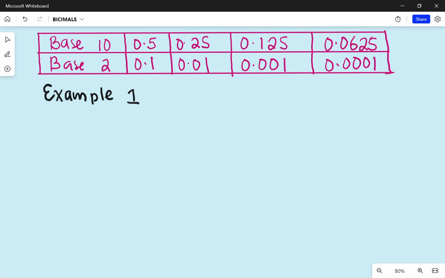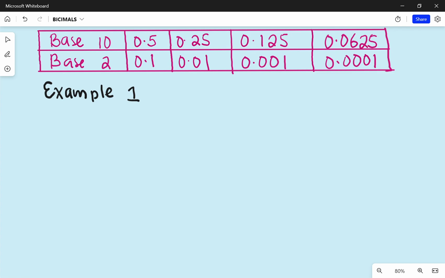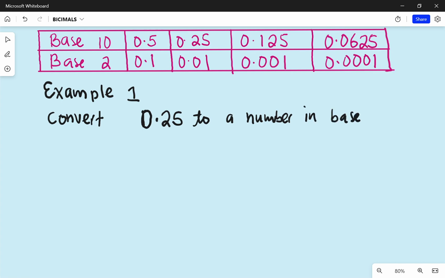Convert 0.25 to a number in base 2, to a number in base 2.